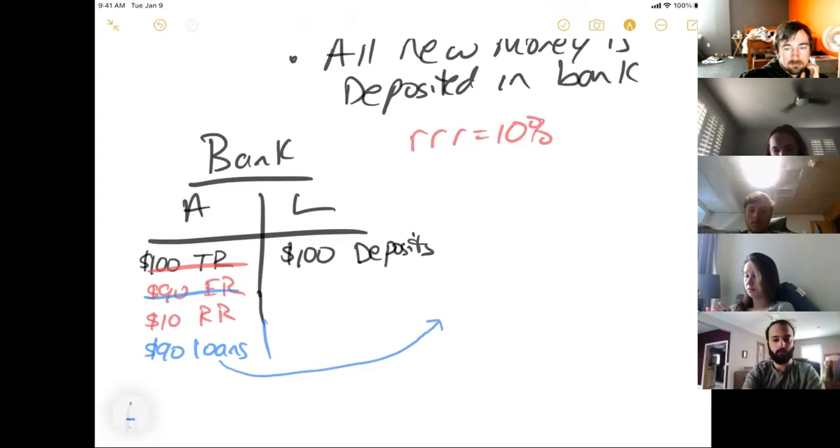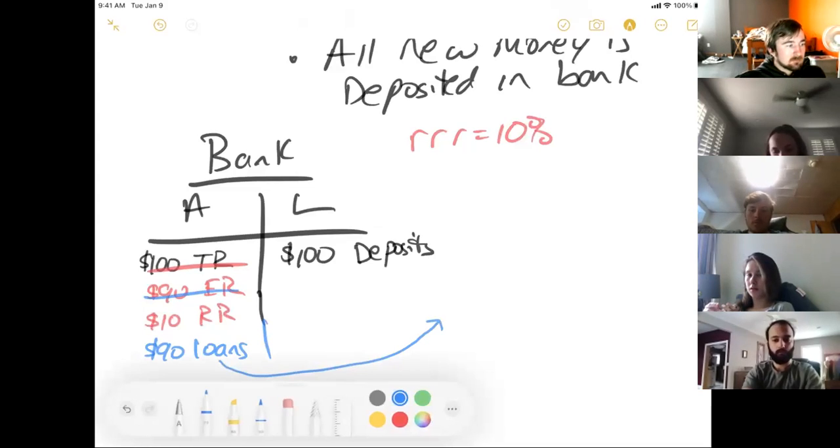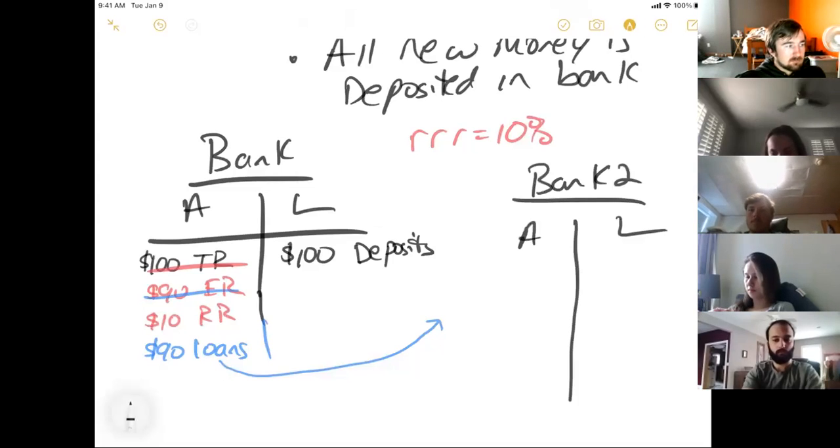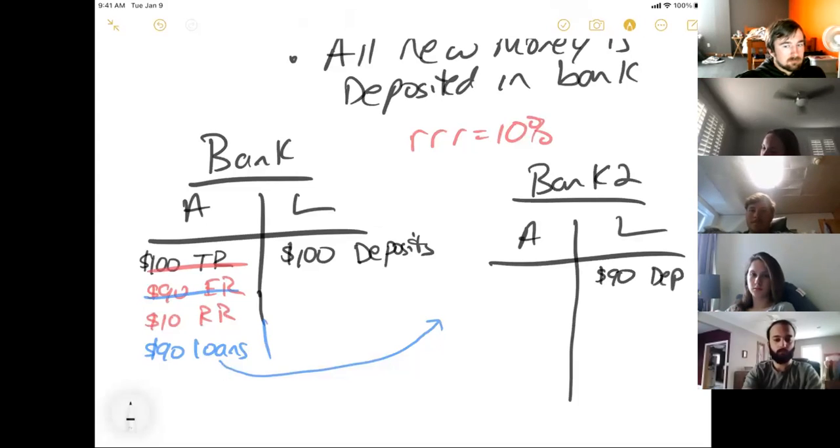Colin sends Ticketmaster the $90. What does Ticketmaster do with the money? They deposit it in another bank. This bank now has $90 of deposits and $90 in total reserves. Is this bank happy with its balance sheet?